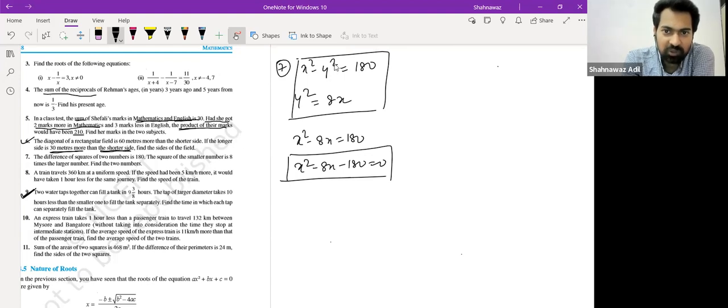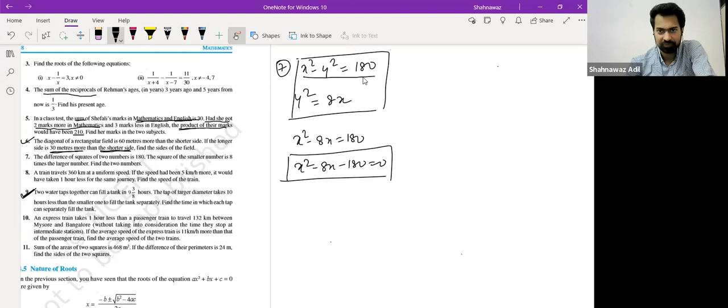So we take the difference of the smaller number from the bigger number, between the bigger and the smaller. That is why it is positive. When it is negative, this means that this number is bigger and this number is smaller. But this is coming out to be positive, so this number is smaller and this number is bigger, right?